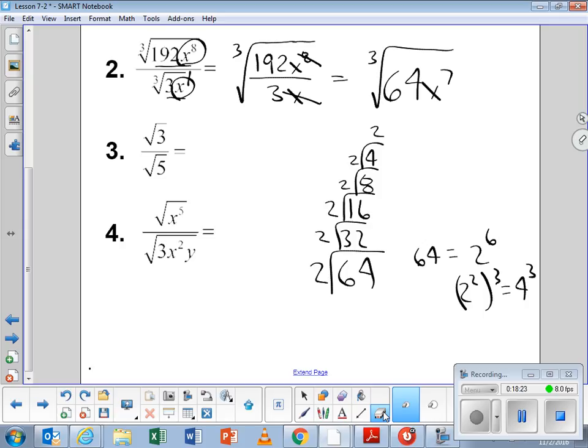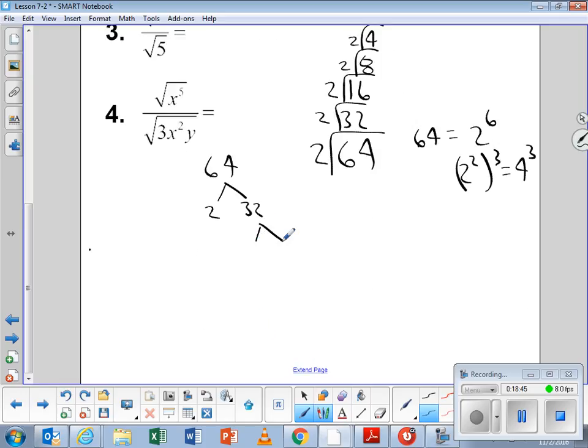Some teachers in fact teach prime factorization. That's what we're doing. We're finding the prime factorization. Some teachers teach that with trees, and they branch it off. They say 64 is 2 times 32. 32 is 2 times 16. 16 is 2 times 8.